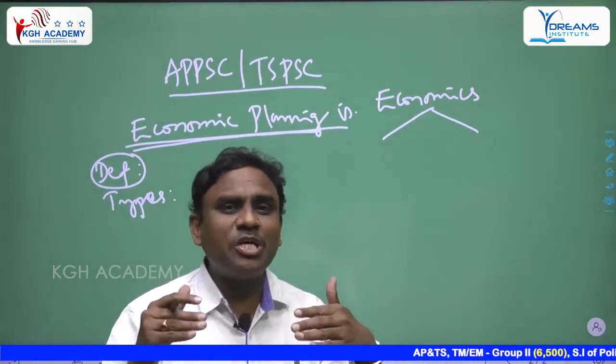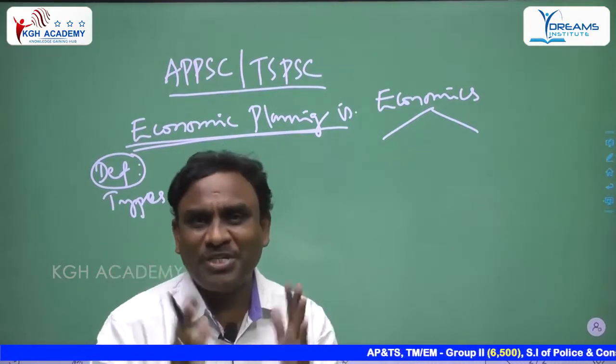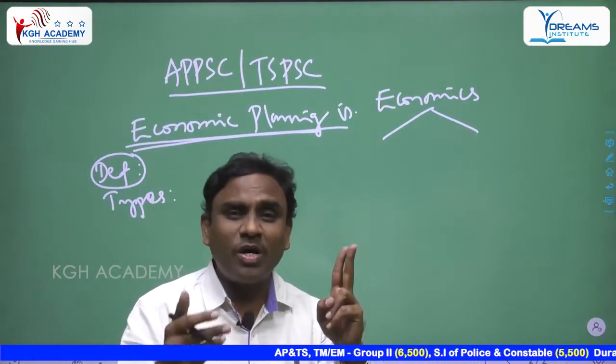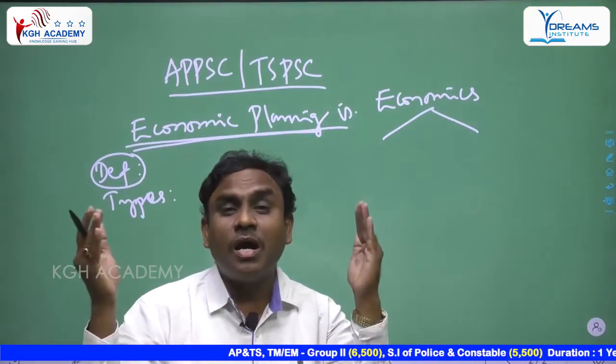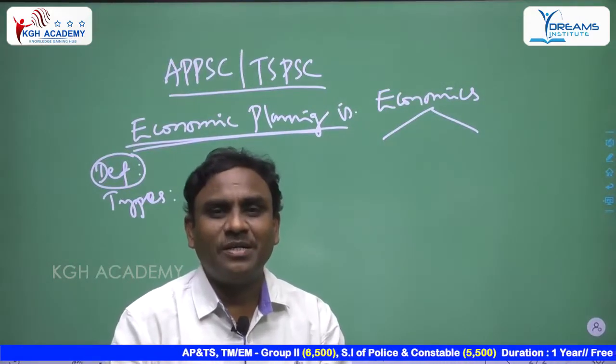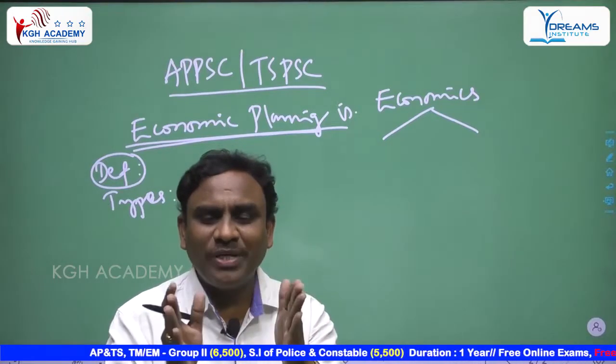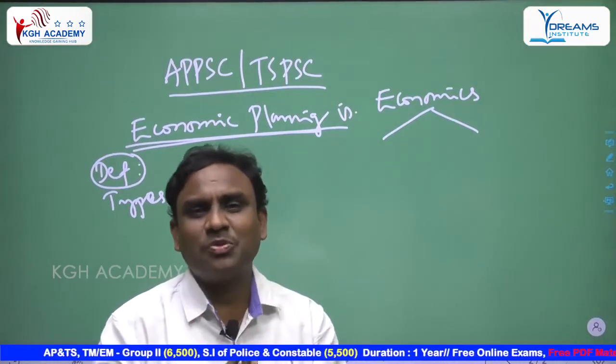The availability of resources is very, very limited. Second, the desires or wants of human beings are unlimited. There is a problem between wants and resources.